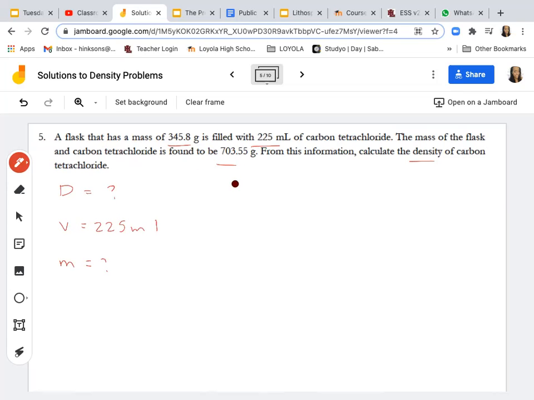So the mass of the flask is equal to what? And what is this mass here?